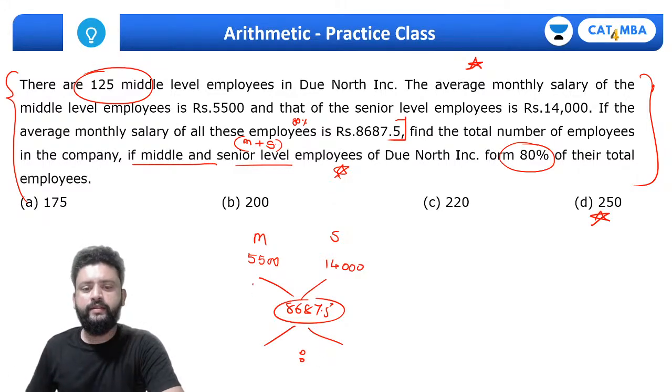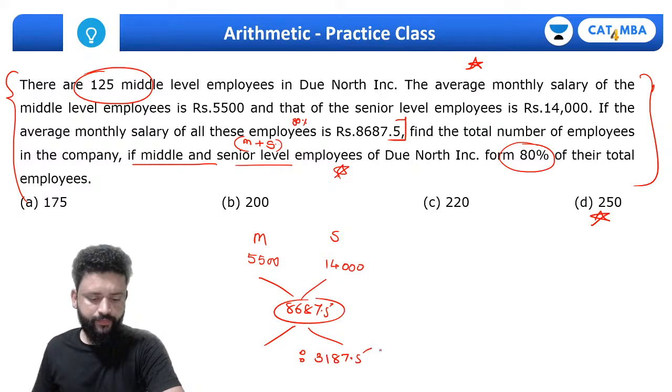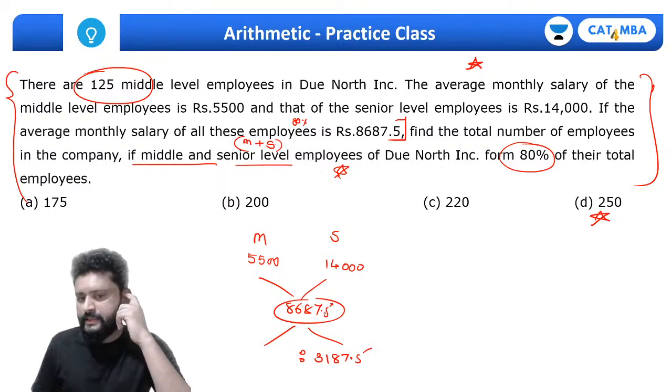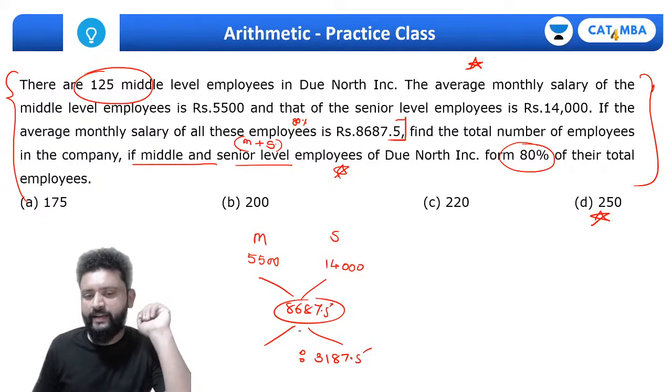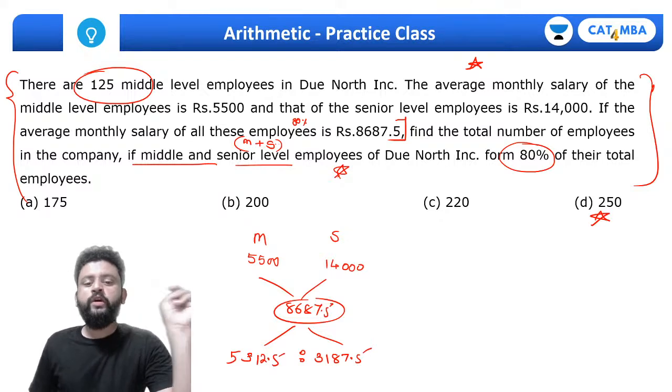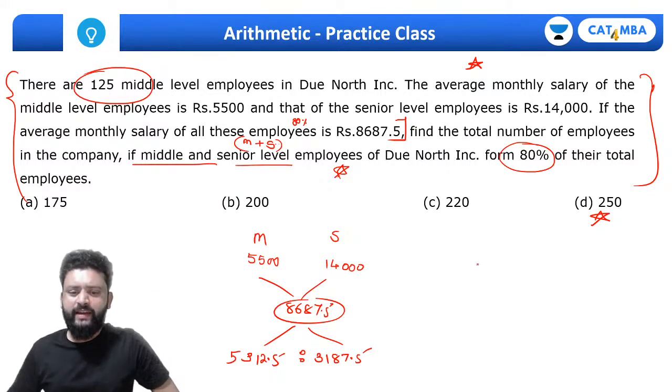So ये आएगा 3,187.5 and this comes out to be, यहाँ पे आएगा 5,312.5. ओके, अब यहाँ पे ये वैल्यूज थोड़े से मैनेजेबल हैं, you can try it.